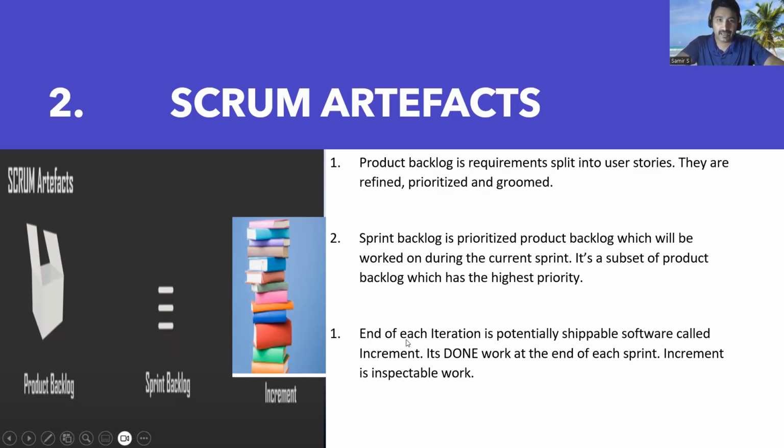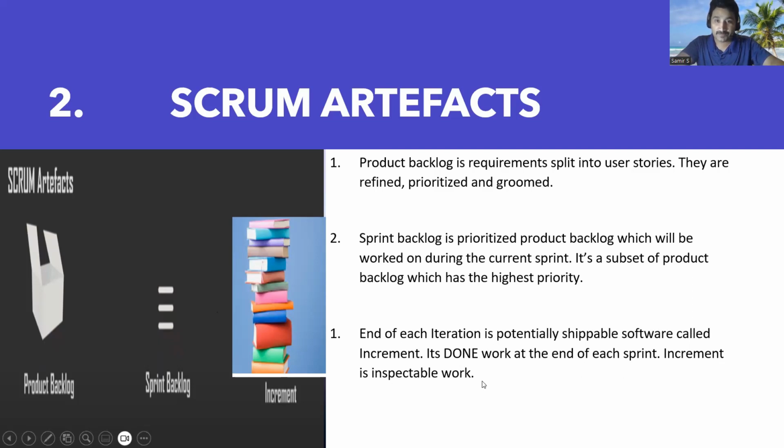Third point here is that the end of each iteration is a potentially shippable software called increment. This was already discussed previously. The end of each sprint or end of each iteration, which can be used interchangeably, is a potentially shippable software called increment. It's done work, capital Done, at the end of each sprint.